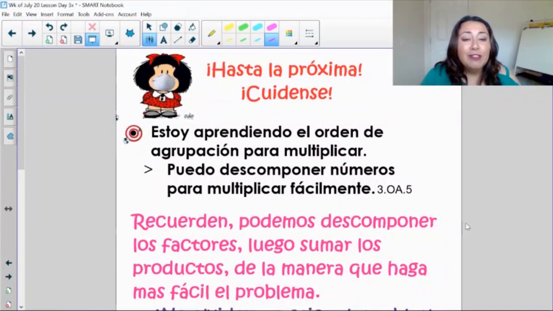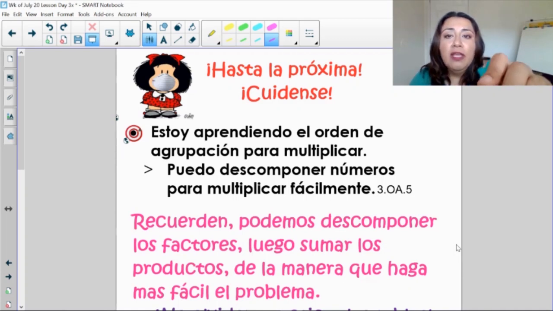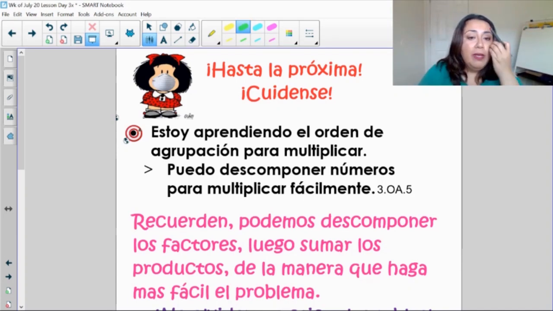Niños y niñas, hemos llegado al final de nuestra lección y hoy estuvimos aprendiendo que el orden de agrupación para multiplicar se puede ver de diferentes maneras. Recuerden, agrupar quiere decir poner en grupos, ¿verdad?